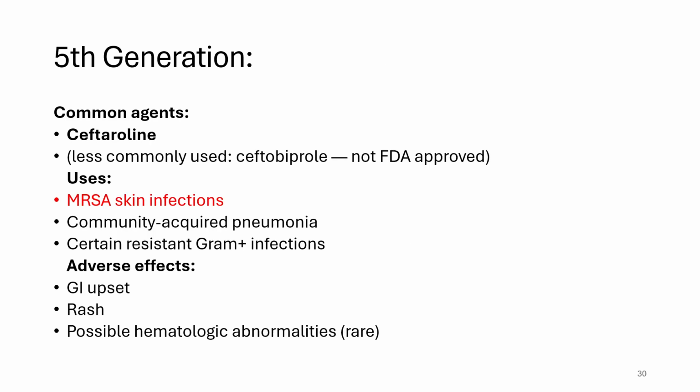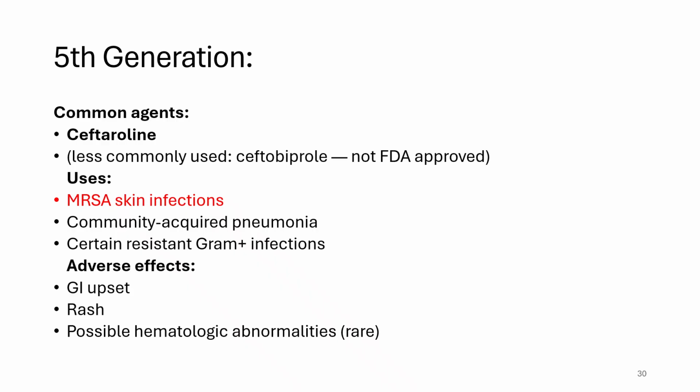Fifth generation cephalosporins, main agent you want to know is ceftaroline. You may also see ceftobiprole mentioned, but note that it is not FDA approved and is less commonly used, may be becoming more common as time goes on. Big high yield point is that these cover MRSA skin infections. So that is what makes fifth generation cephalosporins unique compared to the earlier generations.